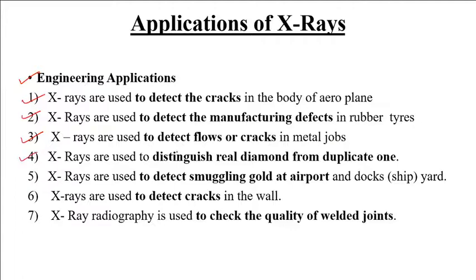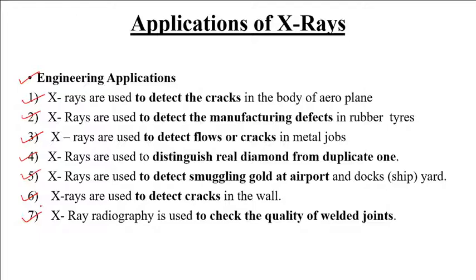They are used to distinguish real diamond from duplicate one. Next, X-rays are used to detect smuggling gold at airport and dockyard. They are used to detect cracks in the wall, and X-ray radiography is used to check the quality of welded joints. So these are some of the engineering applications of X-rays.